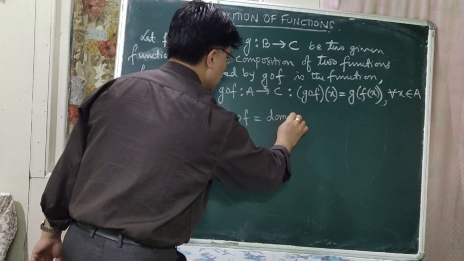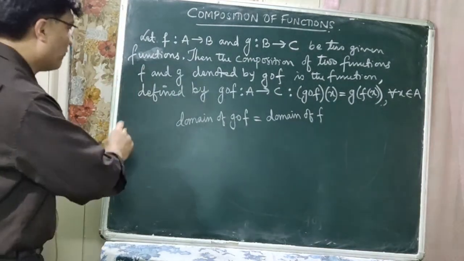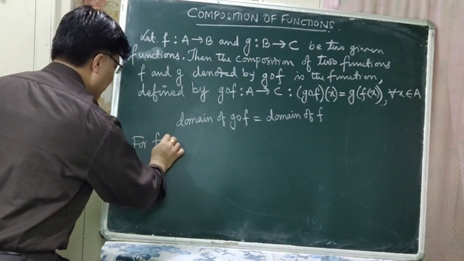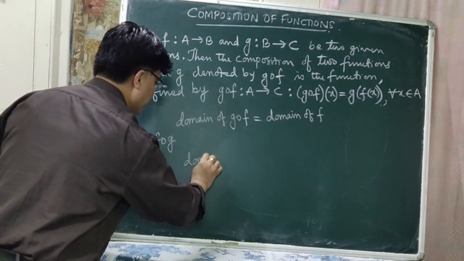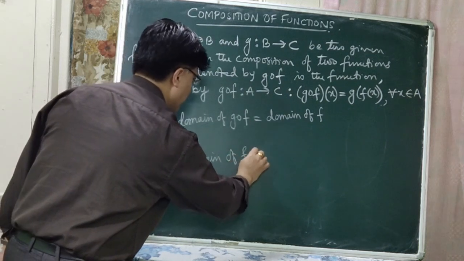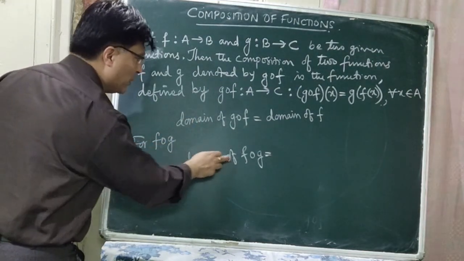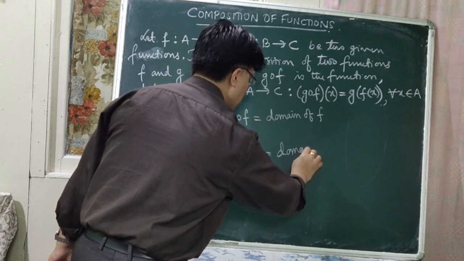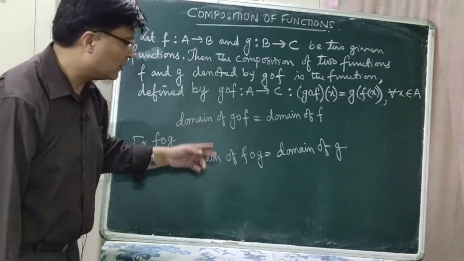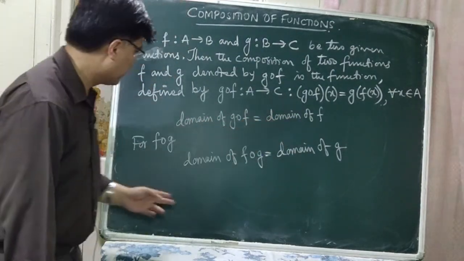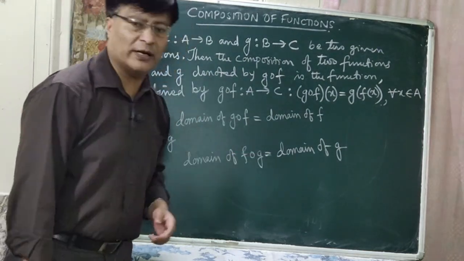For fog, the domain of fog is equal to the domain of g. So you have to remember these two conditions also. That is, domain of gof is equal to domain of f, and for fog, domain of fog is equal to domain of g.